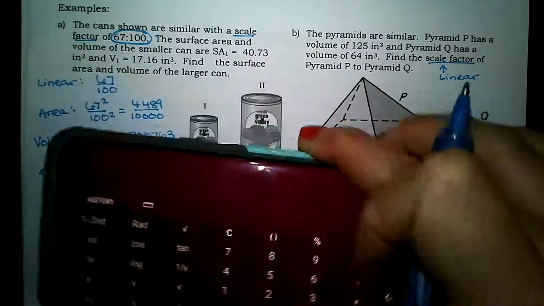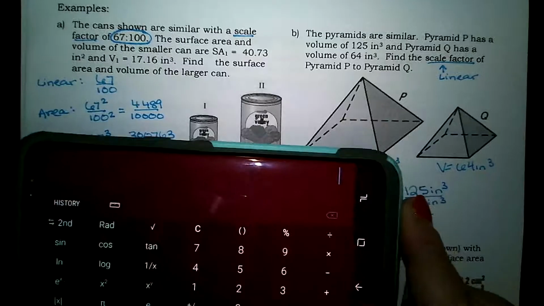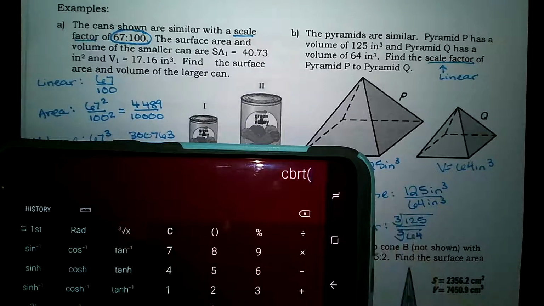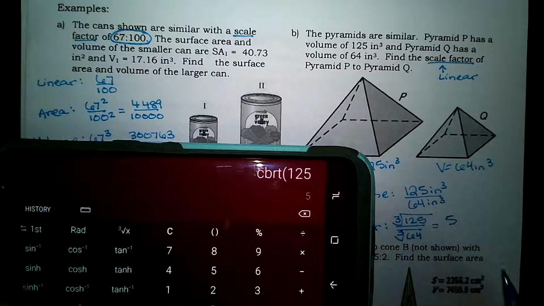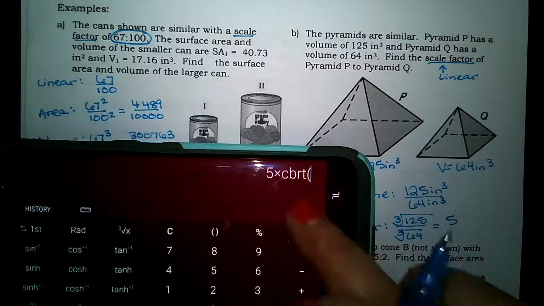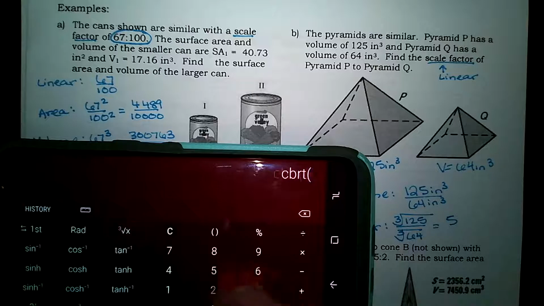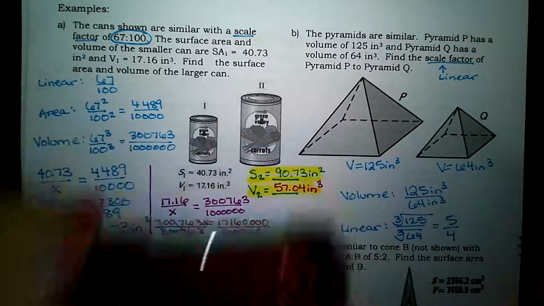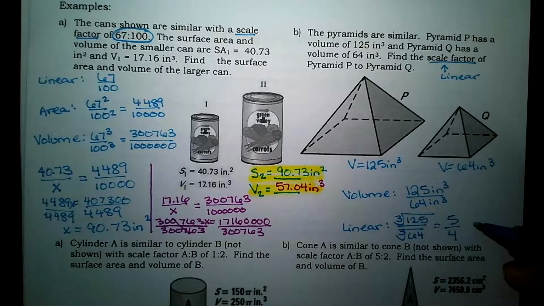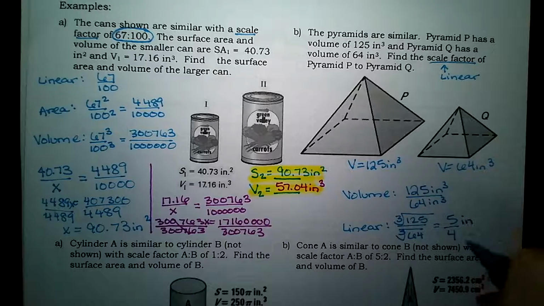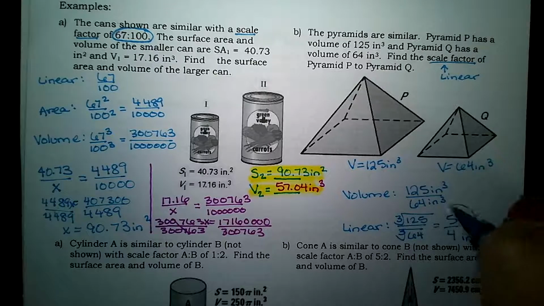Maybe yours does too. If you're using a classroom calculator, you'll certainly find this feature. Cube root of 125 is 5. And cube root of 64 is 4. Because I'm working in linear measure, I know that these are in inches, not inches cubed.